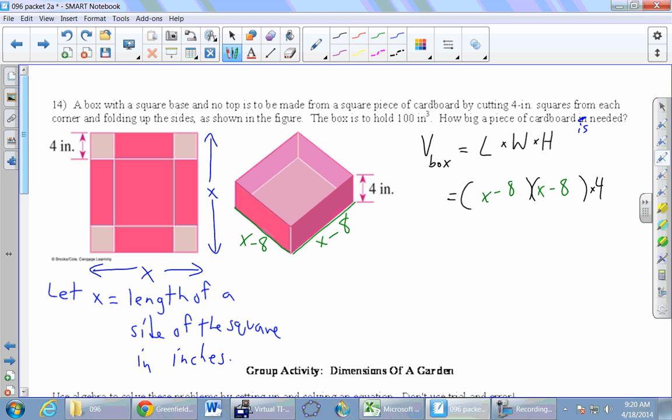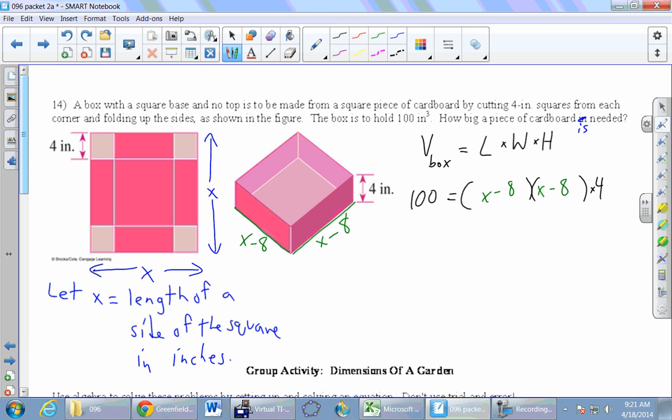There's one thing we haven't used yet in the problem. 100. What is the 100? It's the volume. So then couldn't we just change the V on the left-hand side to 100? That's the volume that we're after.